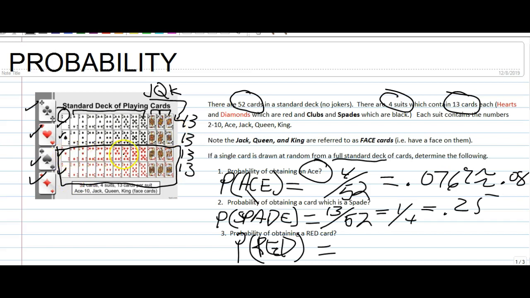So there are 13 hearts which are red, and there are 13 diamonds which are red. So my chances for success, which is obtaining a red card, is 26 out of 52, which is 1/2, or 0.5. And that makes sense because half the cards are red and half the cards are black. Half of 52 is 26.